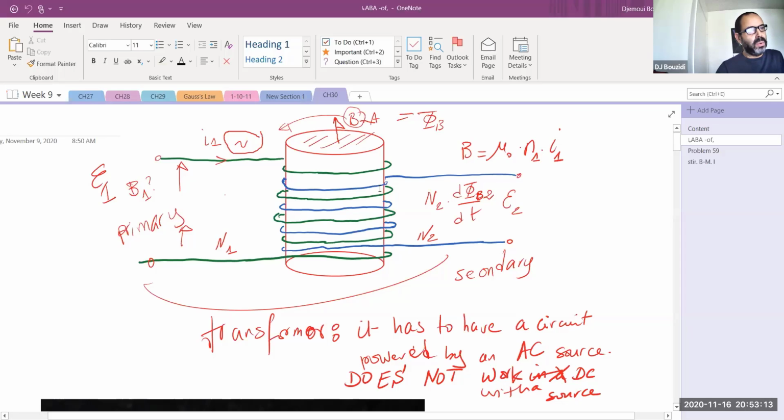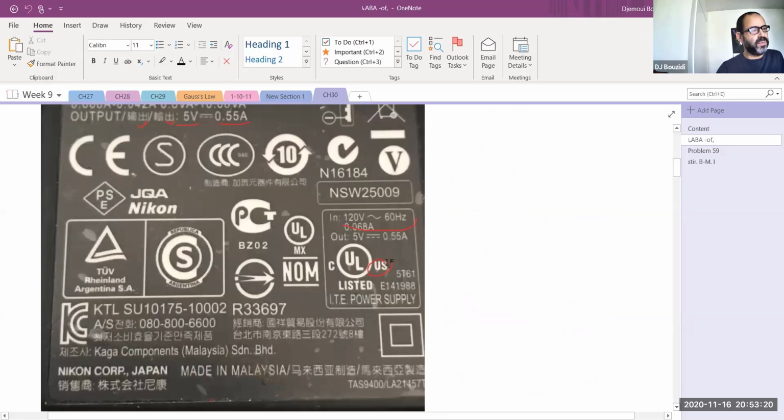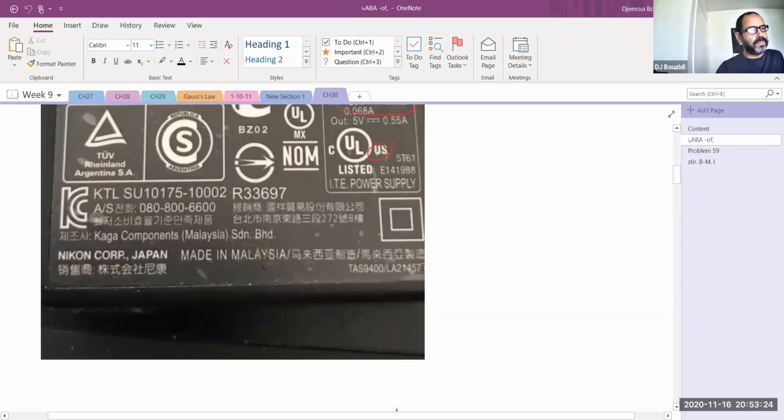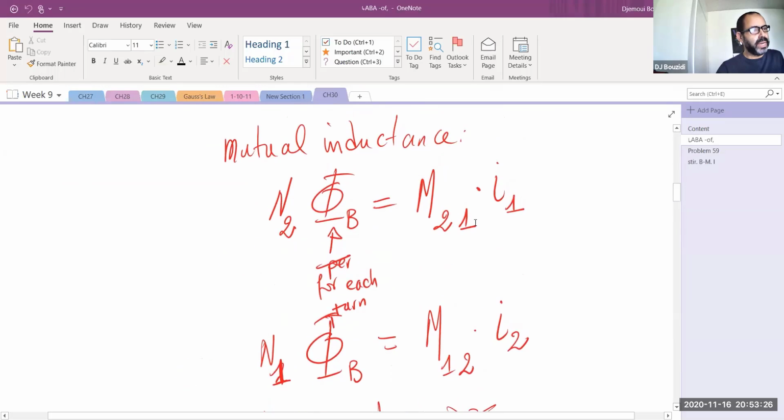And we found that this relationship in here can be idealized by an expression which we call the mutual inductance. So this is a transformer that I asked you guys to do, also part of the discussion. We define the mutual inductance as how much magnetic flux per loop, per turn, times, of course, the number of turns in here, is proportional to the current that causes this flux to change in the secondary.